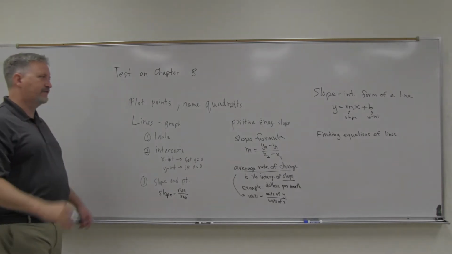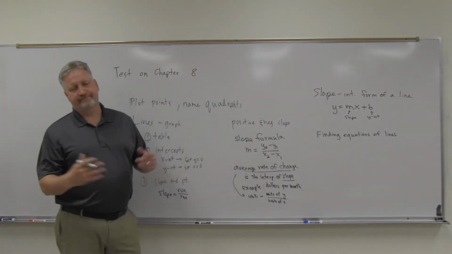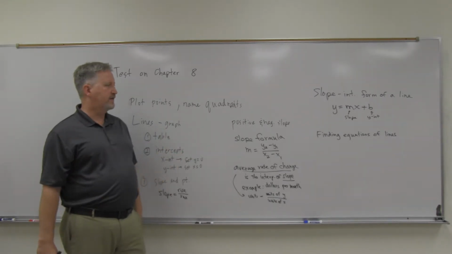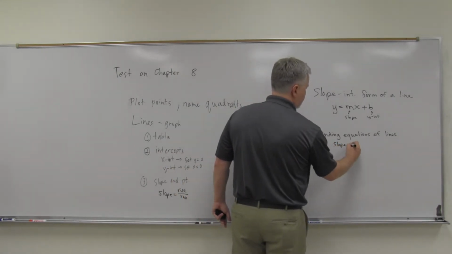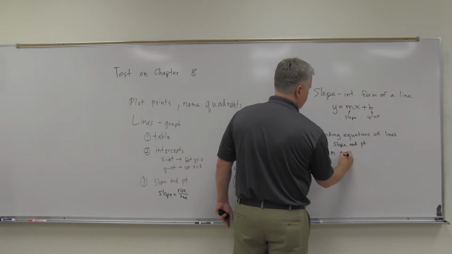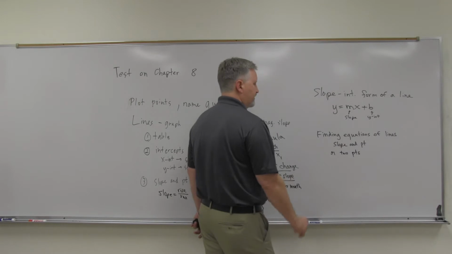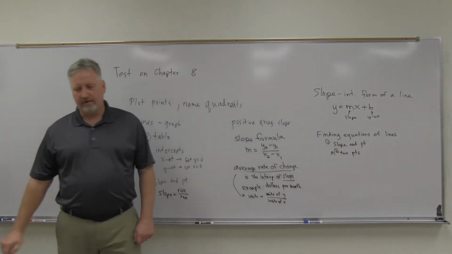But yeah, so if I'm given information, like if I'm given 2 points, find a line. If I'm given the slope and a point, find the line. Those are two of the basic problems there.